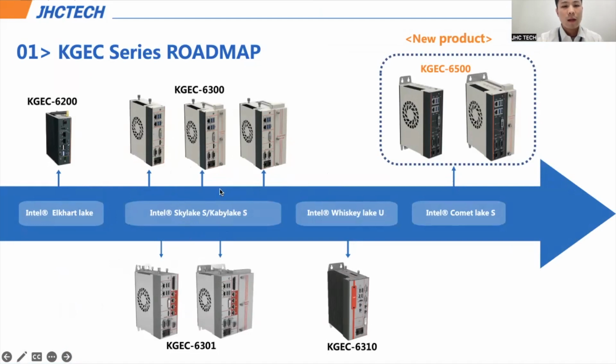The processor is Skylake or Kaby Lake S, and the difference is that KGEC-6301 has more LAN ports for PoE and the DIO interface. Next is KGEC-6310. The processor is an onboard CPU, Intel Skylake. And next is the new product today, KGEC-6500. The processor is Intel Coffee Lake S.